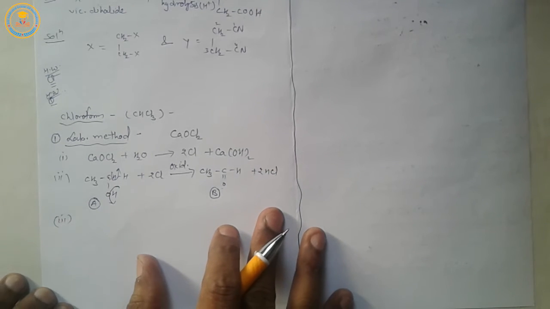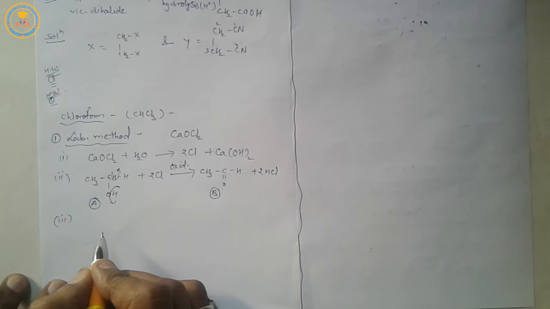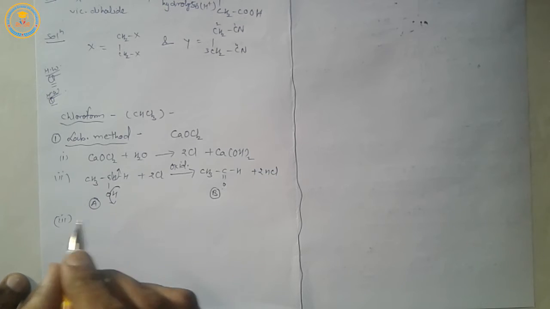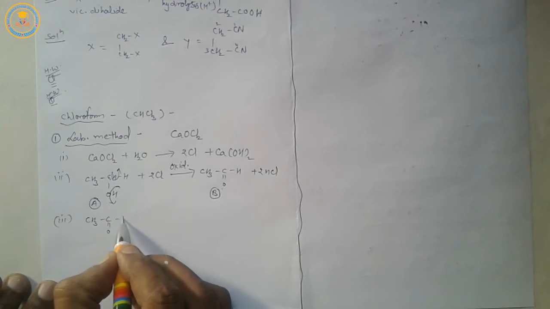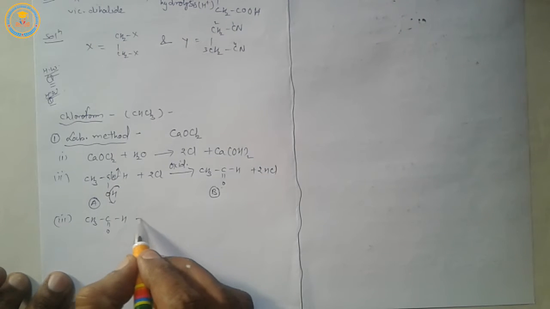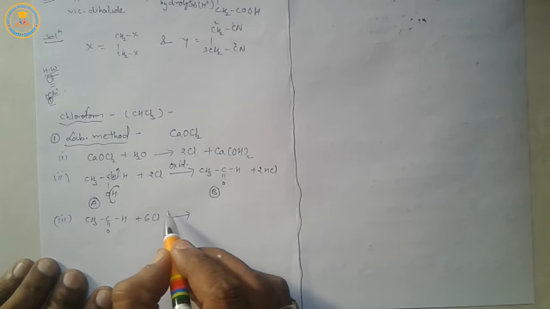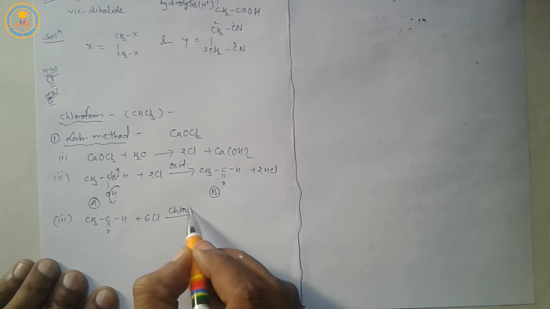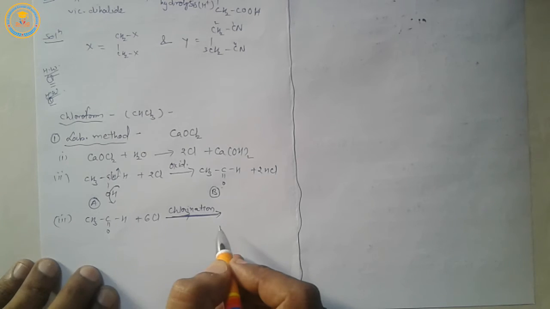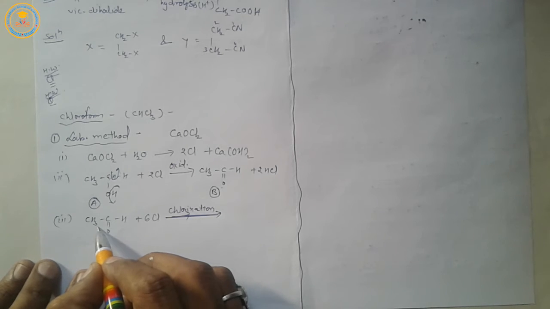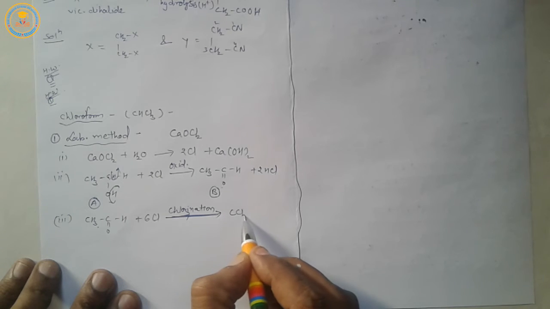Now the third step. After chlorination of acetaldehyde with nascent chlorine, chloral is formed. So this is acetaldehyde and this is nascent chlorine. After chlorination of acetaldehyde with nascent chlorine, chloral is formed.